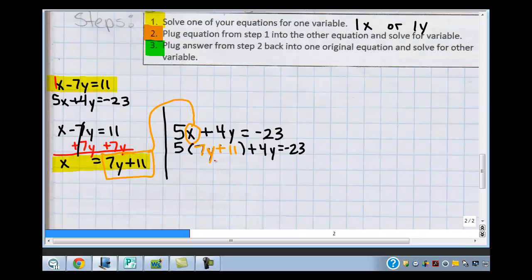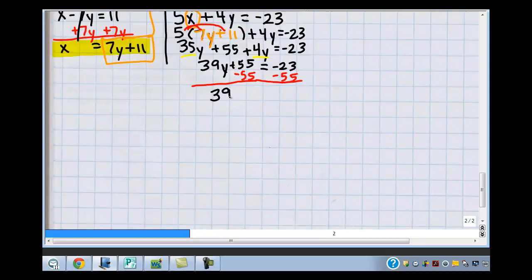Okay, now that we've substituted 7y plus 11 in for x, we need to distribute 5 to both terms. Now combine like terms. Subtract 55 from both sides, and 39y is equal to negative 78. Divide both sides by 39, and y equals negative 2.